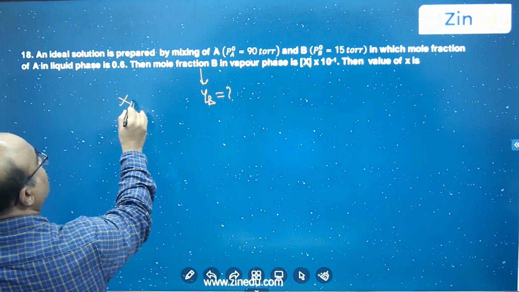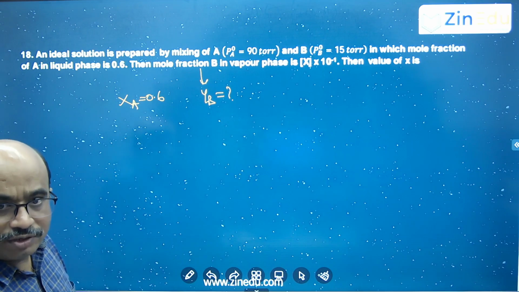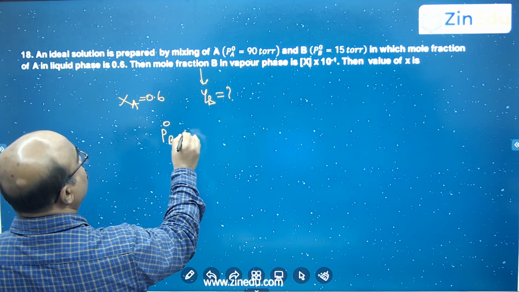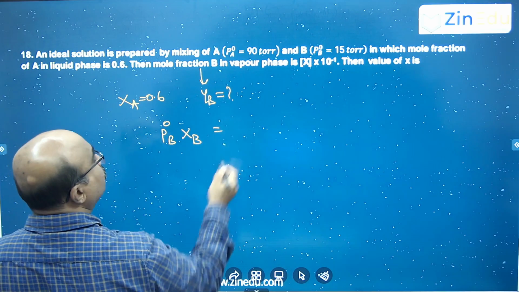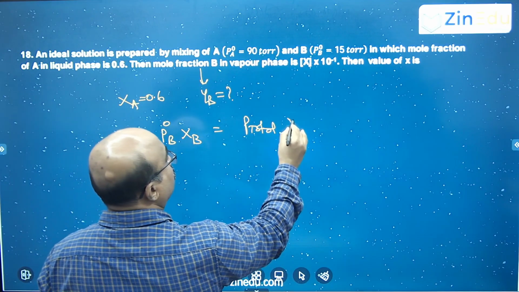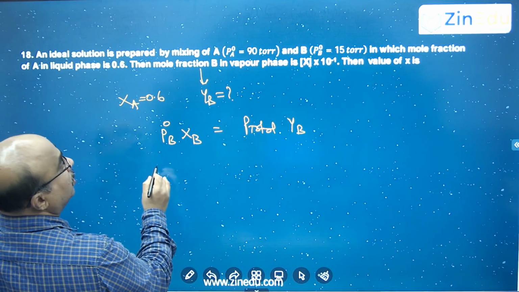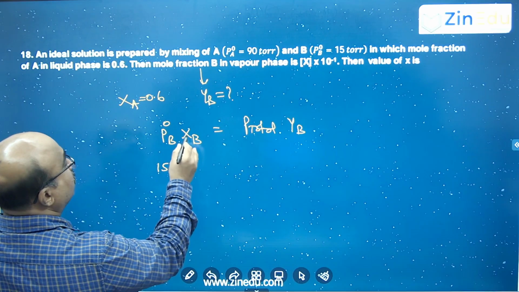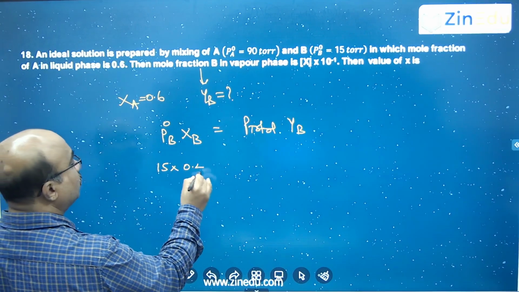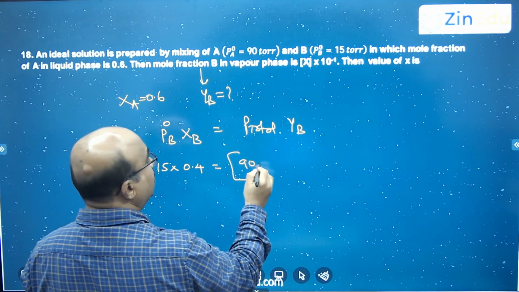XA is given as 0.6, and P naught values are given. P naught B into XB is equal to P total into YB. P naught B is 15, XA is 0.6, so XB has to be 0.4. P total is P naught A into XA, that is 90 into 0.6.